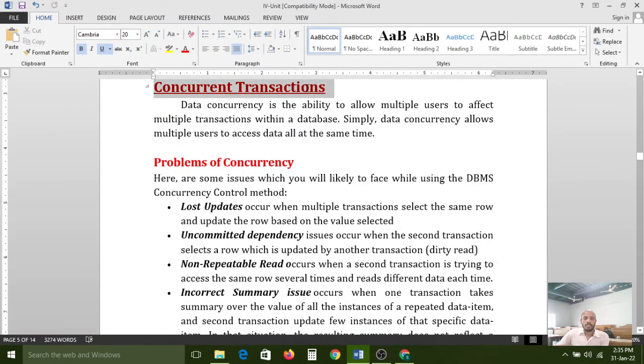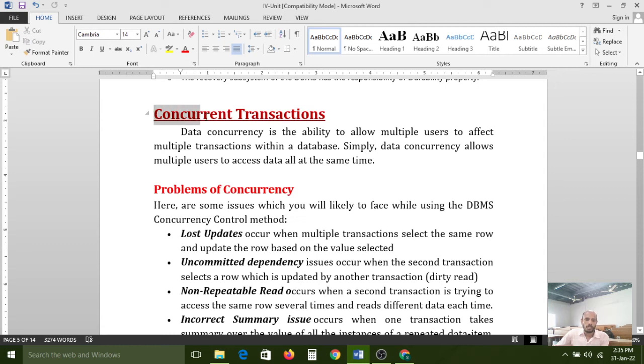Concurrent transactions. What is the meaning of concurrent here? Why has this word been used before the transaction? Data concurrency is the ability to allow multiple users to affect multiple transactions within a database, within the same database.